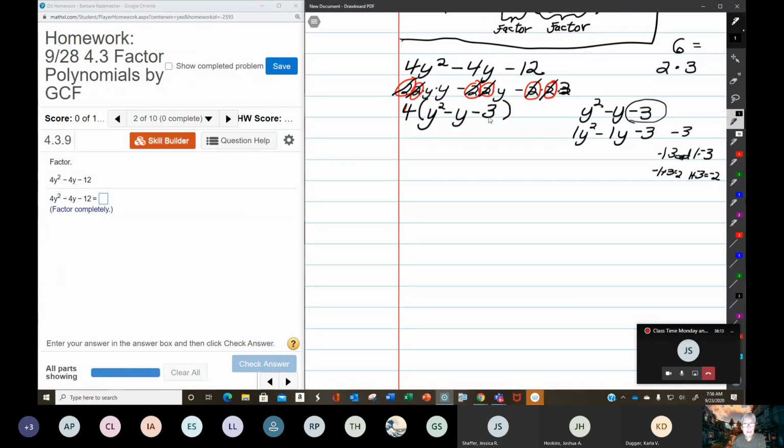And a way to check yourself is to redistribute. If you were to multiply the 4 into these parentheses, you would get 4y squared minus 4y minus 12, which is what you started with. So that means your factorization is correct and complete.